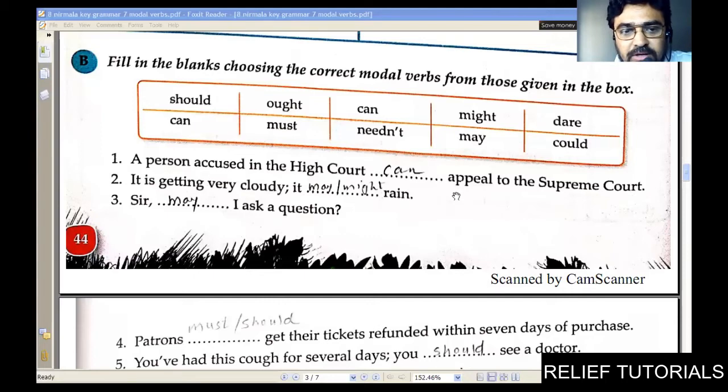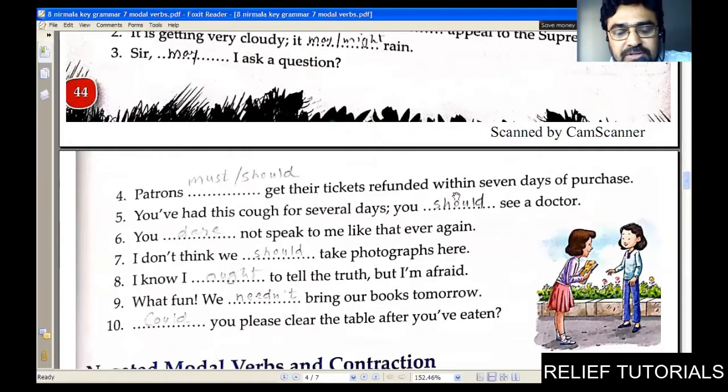Then comes patrons, blank, get their tickets refunded within 7 days of purchase. So either must, that is abided by the rule, ought to get, should get. So all the possibilities are there.